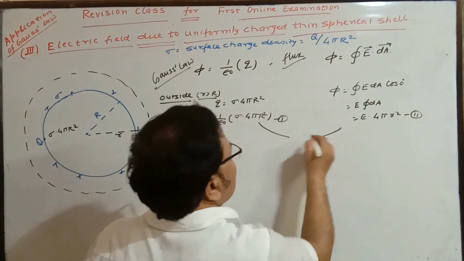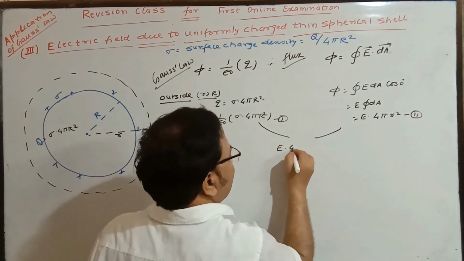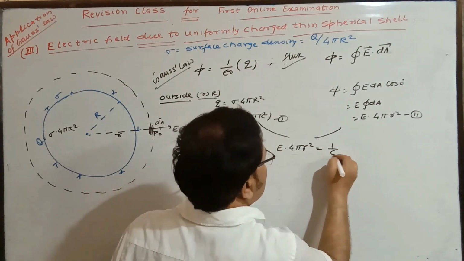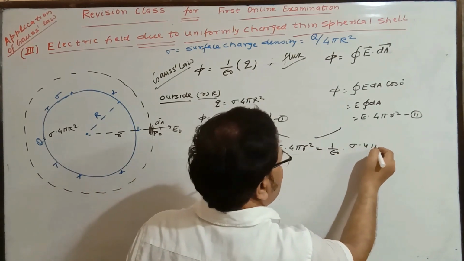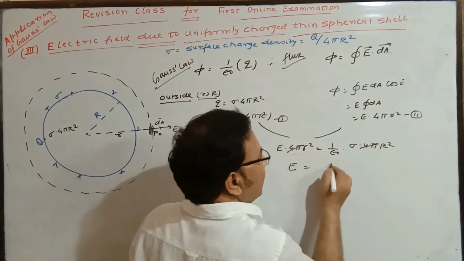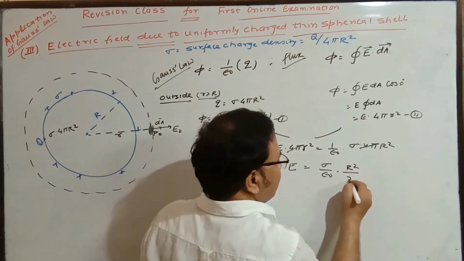Compare these two expressions for flux. You shall have E into 4 pi r square is equal to 1 by epsilon naught times sigma into 4 pi r square. So 4 pi cancels out, and E is sigma by epsilon naught into capital R square by small r square.